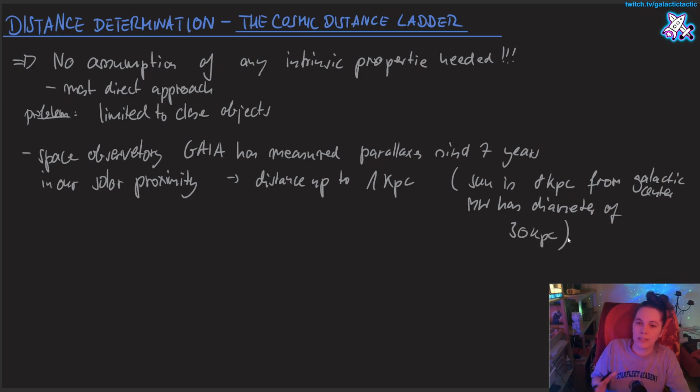So we built a space observatory, and we only can go 1 kiloparsec. The first step of the distance ladder doesn't even cover our whole galaxy.